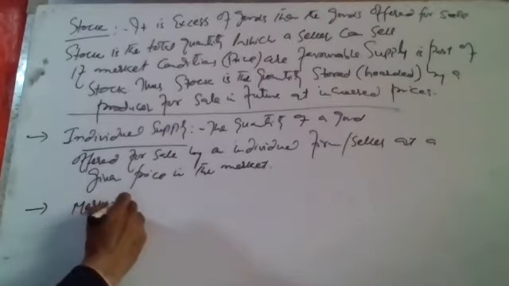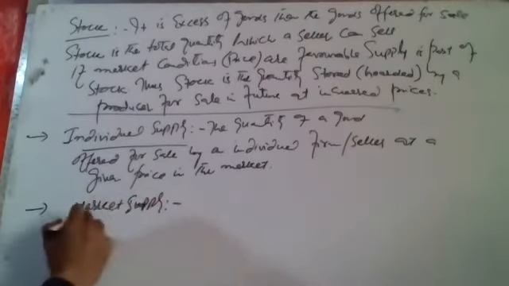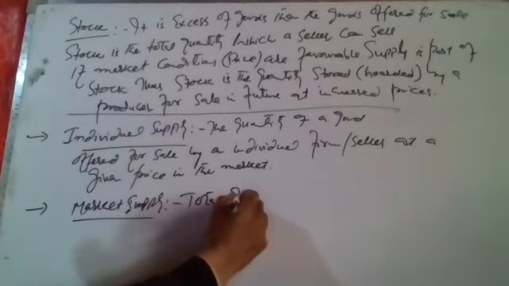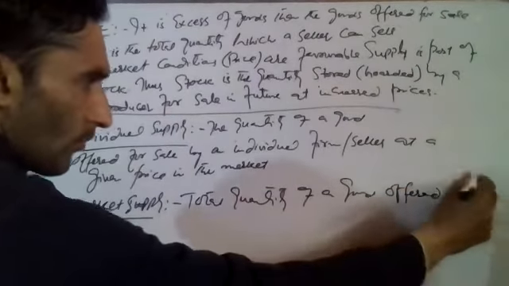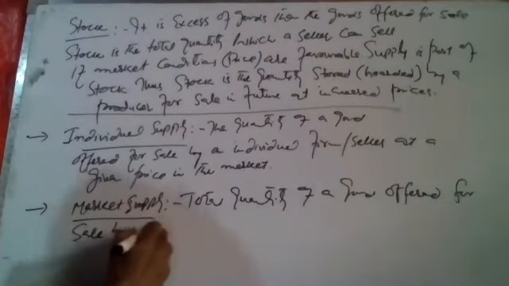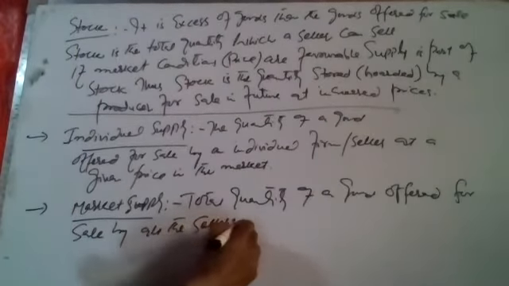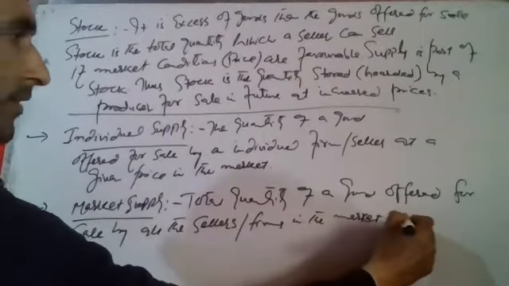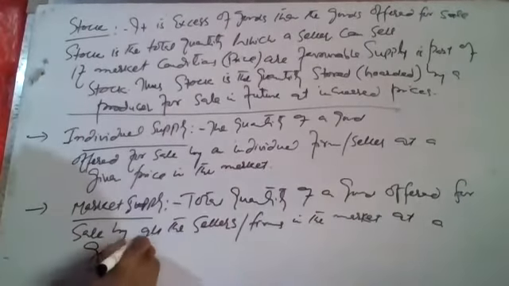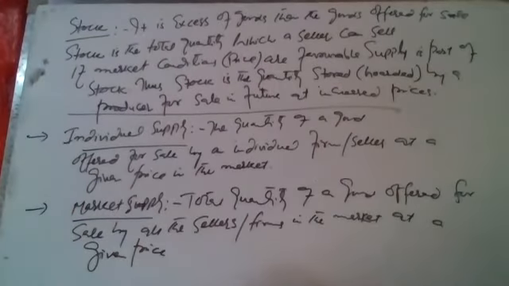What is market supply? It is total supply. It is the total quantity of a good offered for sale by all the sellers or firms in the market at a given price.